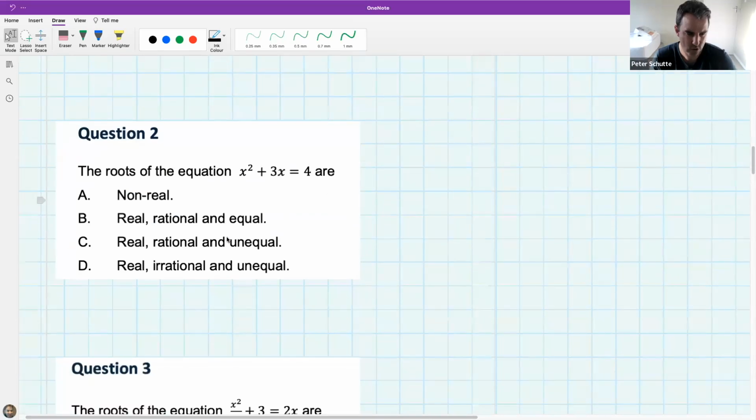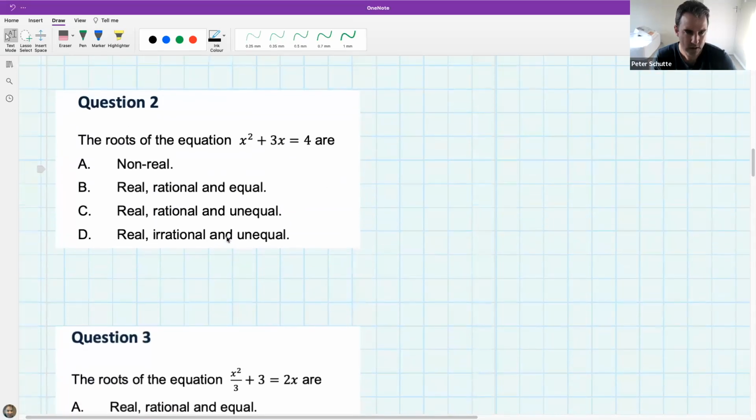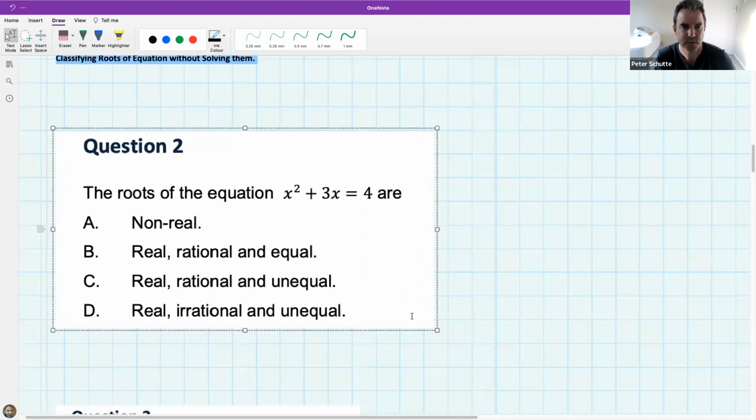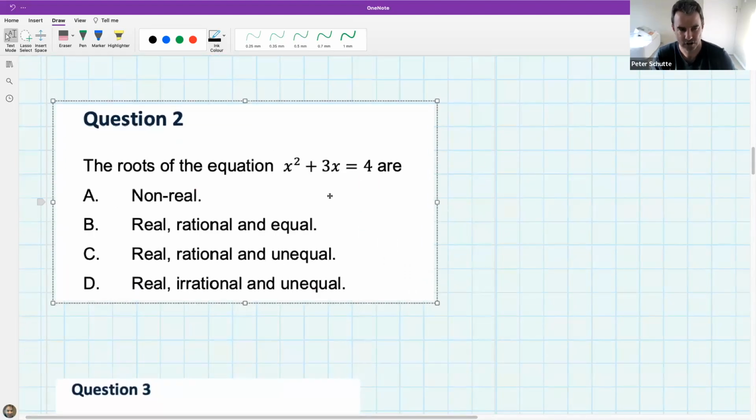Let's try and do this one over here. So the roots of the equation, x squared plus 3x equals 4 are what? Are they A, are they B, are they C, or are they D? Now, I'm not going to give anything away. I want you to think about this yourself.